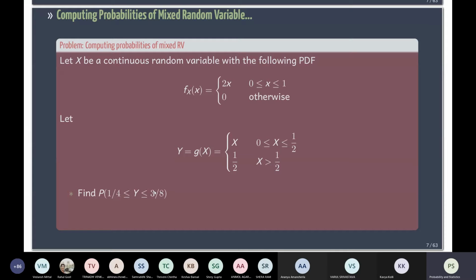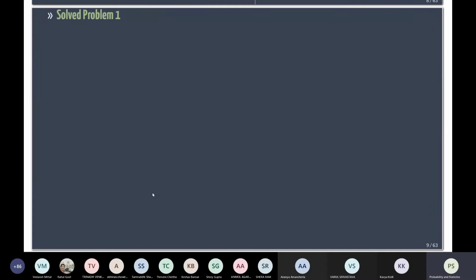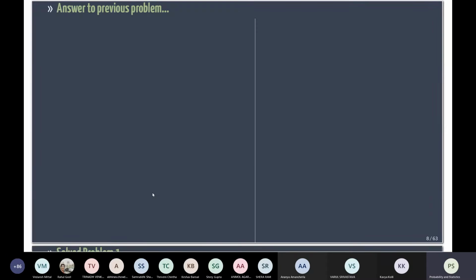Now the question is, what are the probabilities that you're going to calculate? The only thing here is that you have to be sure you're taking into account if there is any jump somewhere. If there is a jump, you take that into account. We also have to compute the expectation of y. So how do we compute these values?